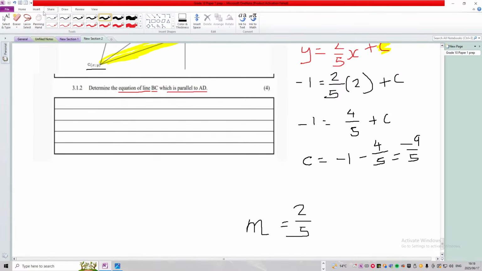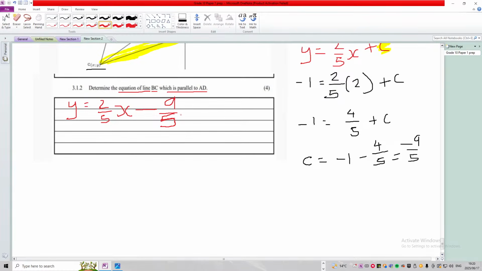So now my equation of my line, now that I know the gradient and I know c, y is equal to 2 over 5 x minus 9 over 5.